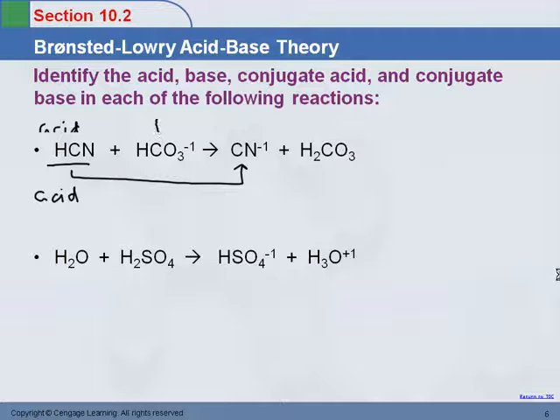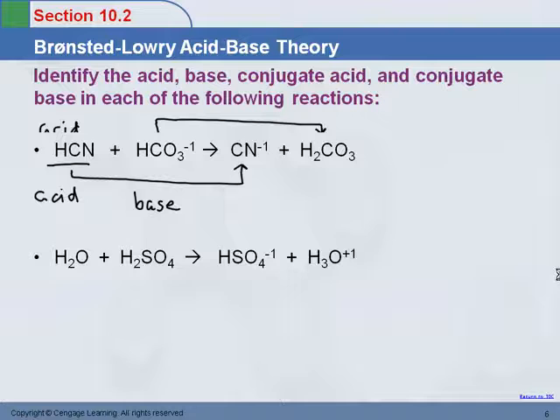HCO3-1, if we look at it, becomes H2CO3. So I've gone from 1 H to 2 H's, which means that HCO3-1 gained an H+. Therefore, HCO3-1 is the base. In the reverse direction, CN- goes to HCN.